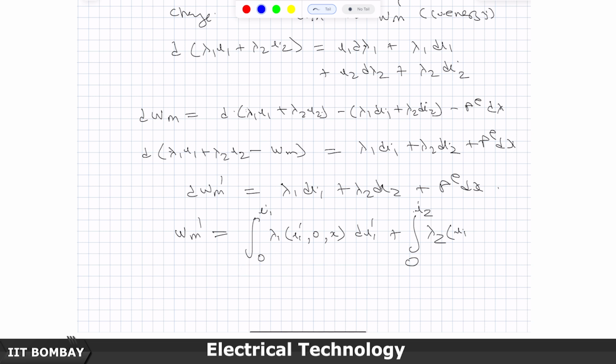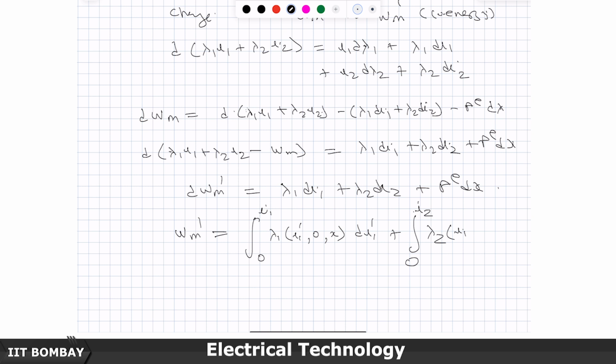Then in the second path, x is going to be at its desired value, I1 is at its desired value, only current I2 is being increased from 0 to I2. So, therefore, this part of the integral will not play any role, only this part of the integral will play a role.